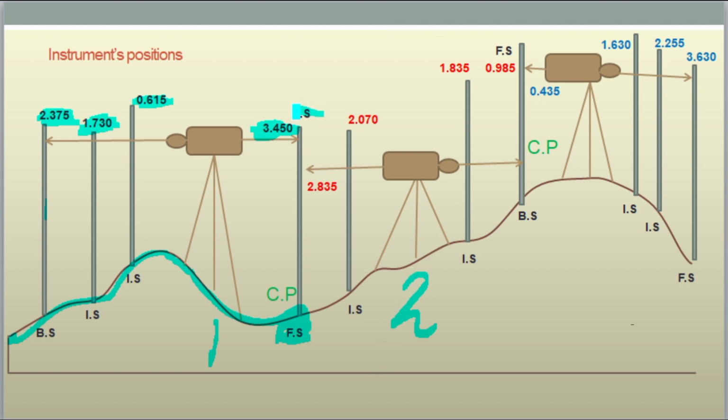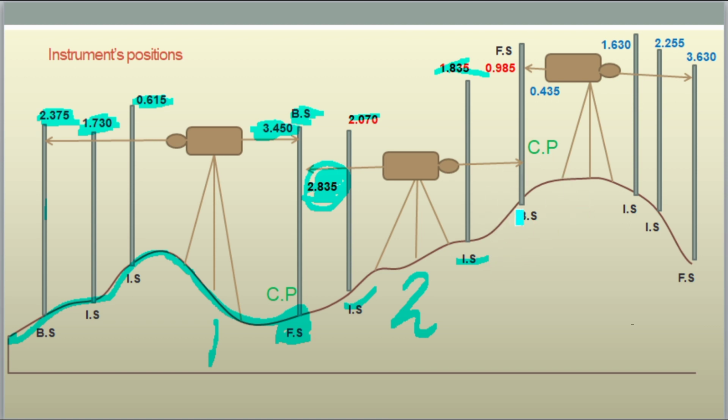And then we have again our back side for the second position of the instrument. That is the first reading of the second position. We have 2 intermediate readings there.